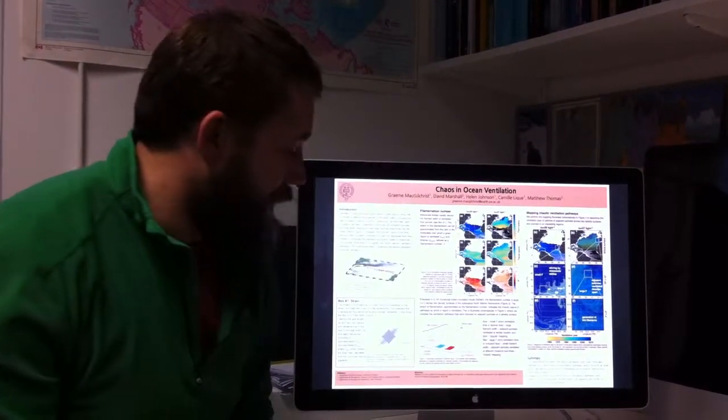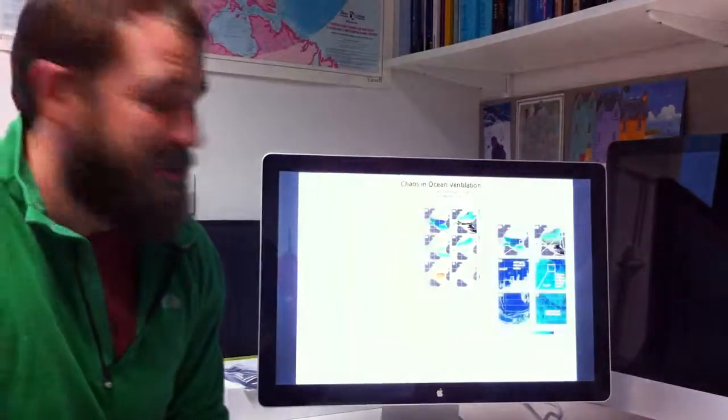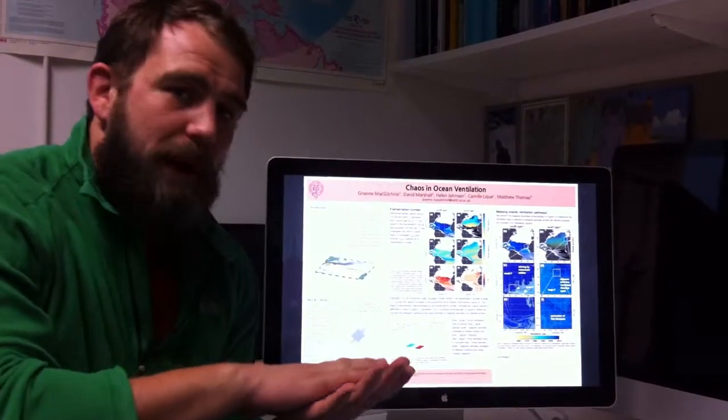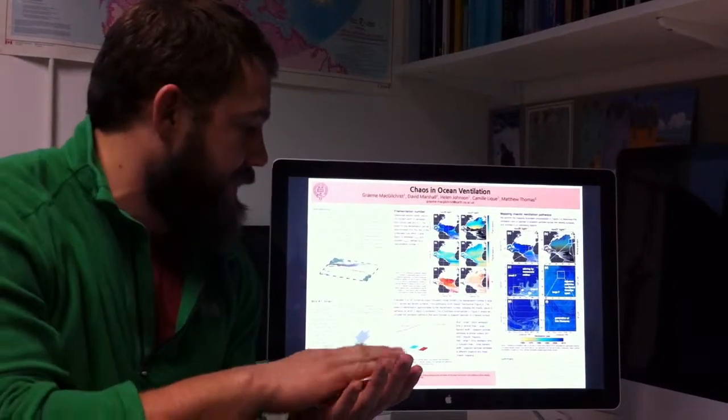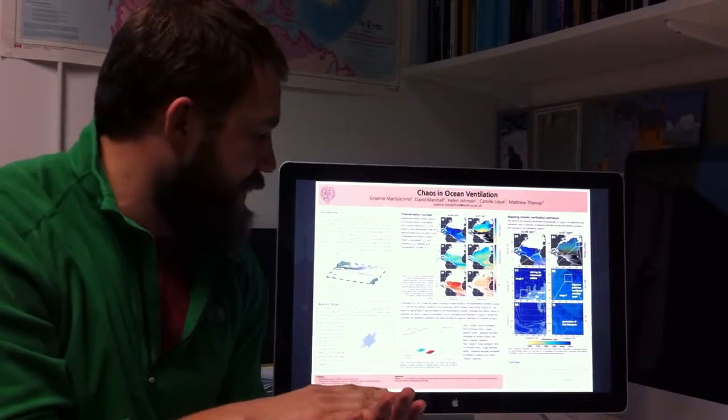So this is explained schematically in figure 4, where we look at the pathways followed by particles from the ocean surface, from the mixed layer, down into the ocean interior.